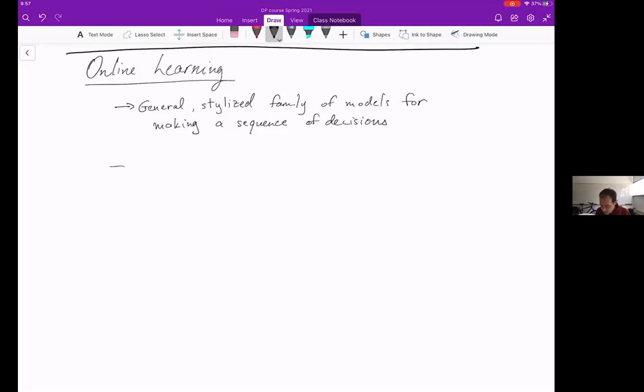Okay, so one example to think about is a little bit of a silly example, but it's a useful one to keep in mind. Let's say I'm going to pick stocks. So suppose I need to pick among some set of K stocks to invest in.